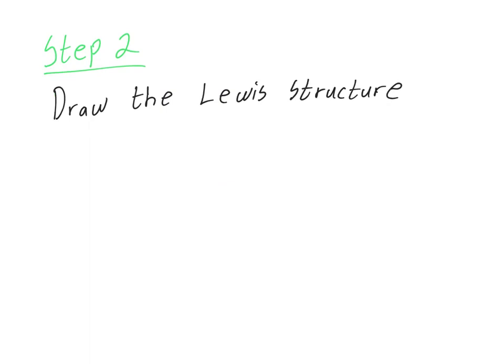So for step 2, we would draw the Lewis dot structure. This is how you would draw it. Te would be the central atom, and then you just draw your fluorines all around, fill the octet.